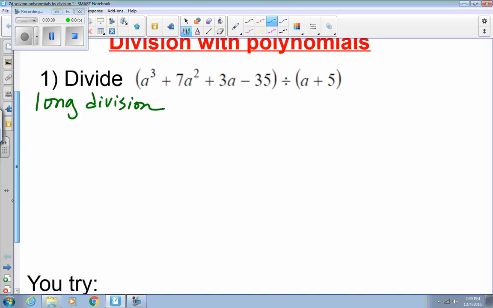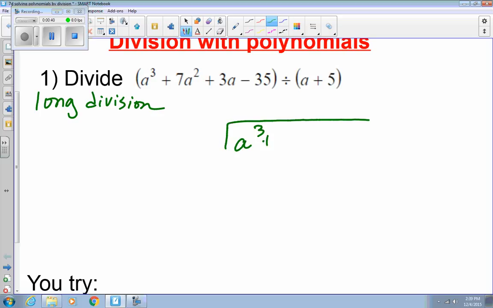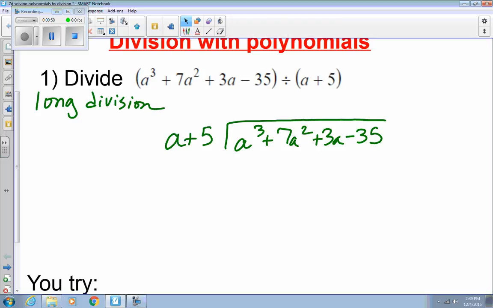So let's get started. We have a to the third plus 7a squared plus 3a minus 35. That is getting divided by a plus 5. This is exactly how you used to divide.